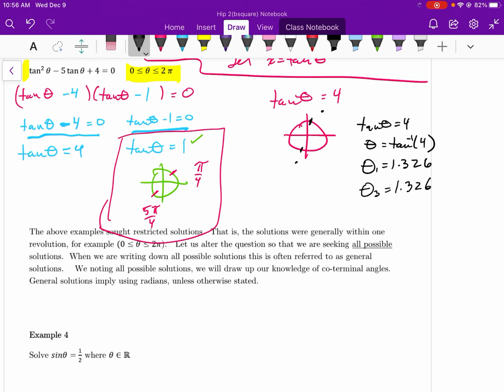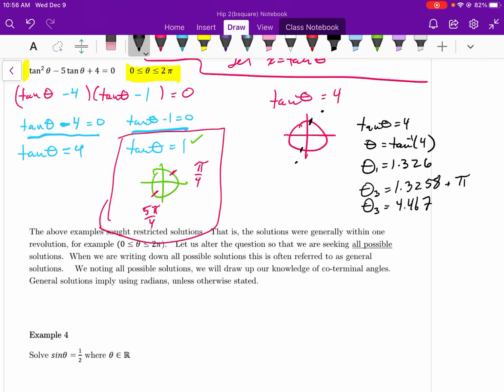Because we are exactly pi away in the quadrant 3 solution. And my quadrant 3 solution works out to be 4.467.